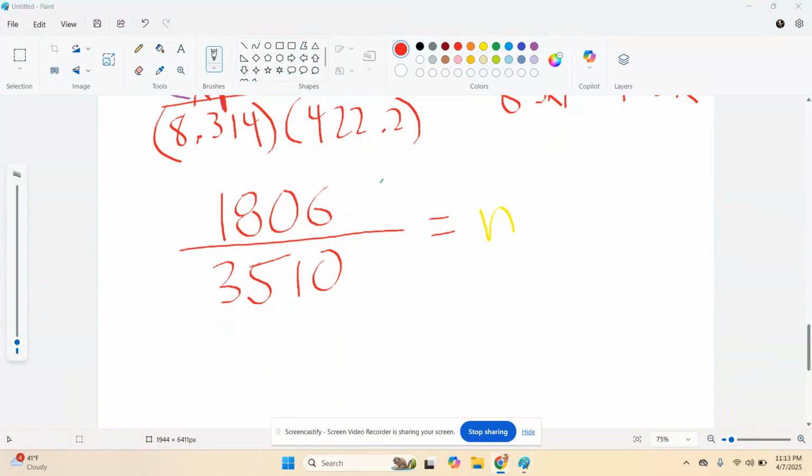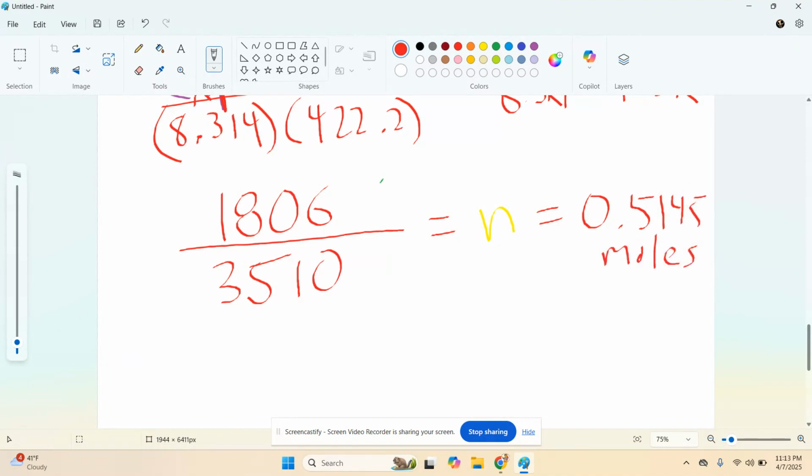Let me plug that in. 1806 divided by 3,510, and I get the number of moles present is 0.5145 moles.